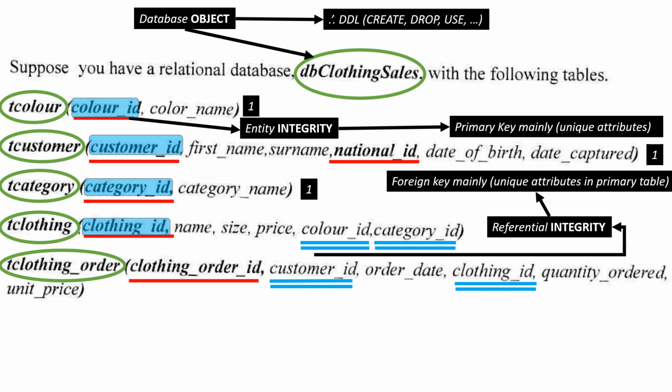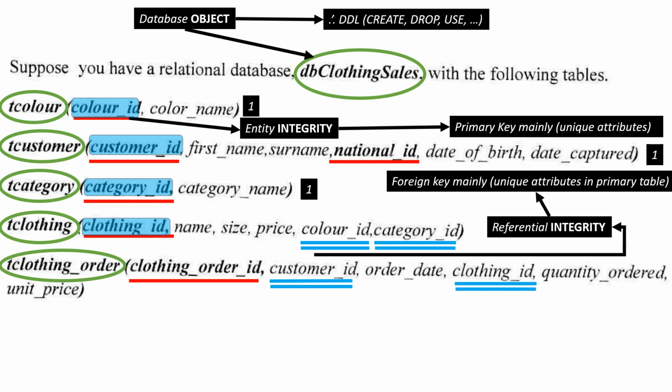Since T clothing depends on T color and T category, what I'm going to do is write an assumption. Assuming that the T category and T color tables have been created already in the database, I then write the following SQL statement to create T clothing.